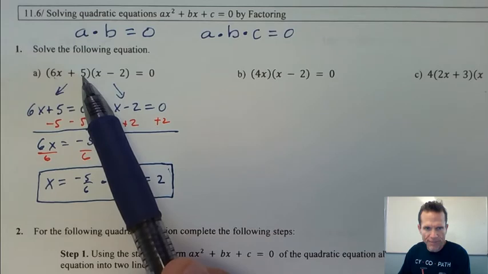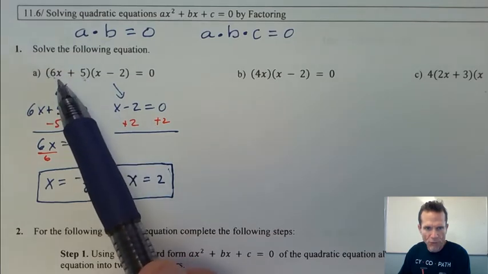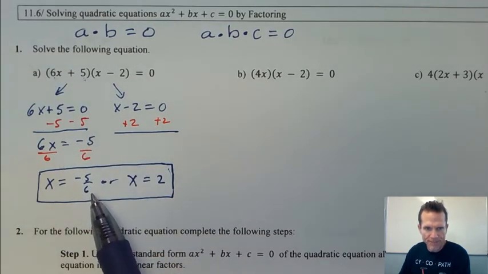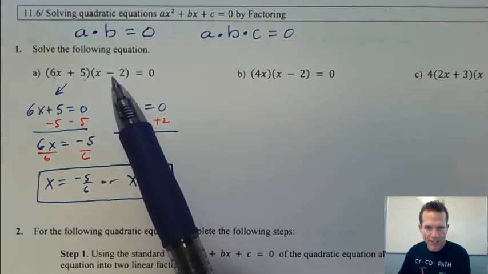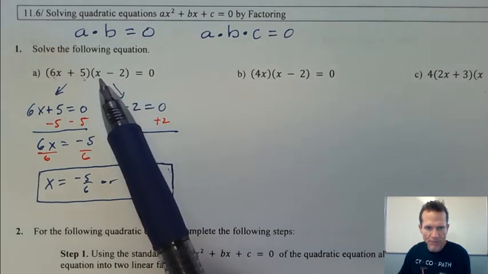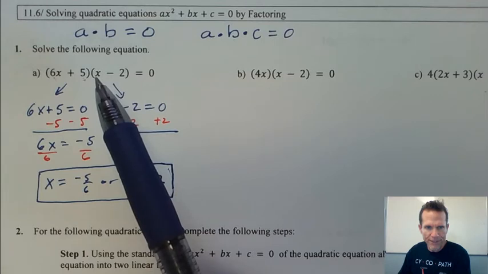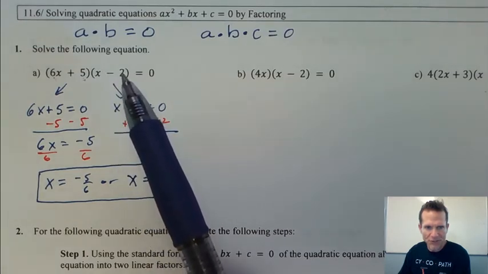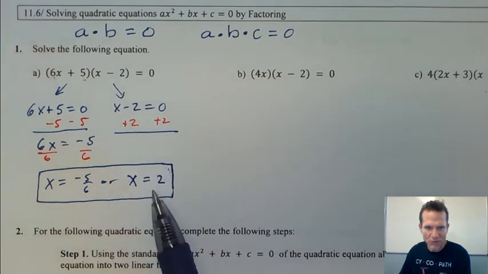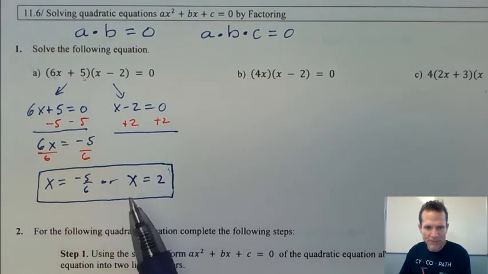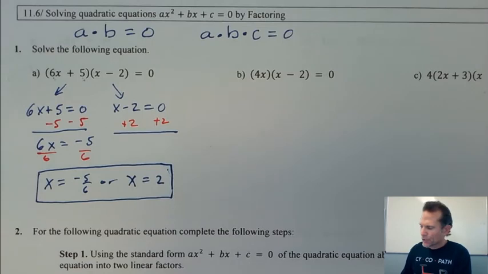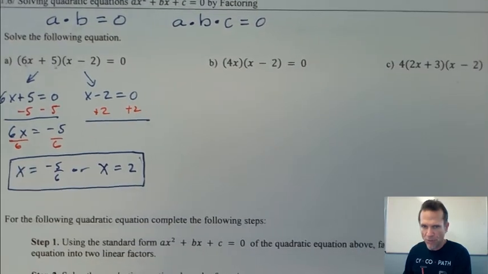Change the sign on 5, -5, put it over 6. That's what we get. Change the sign on this, +2, put it over 1. Well, we start to realize that if there's a 1 up front there, we just change the sign on this and see we get 2.